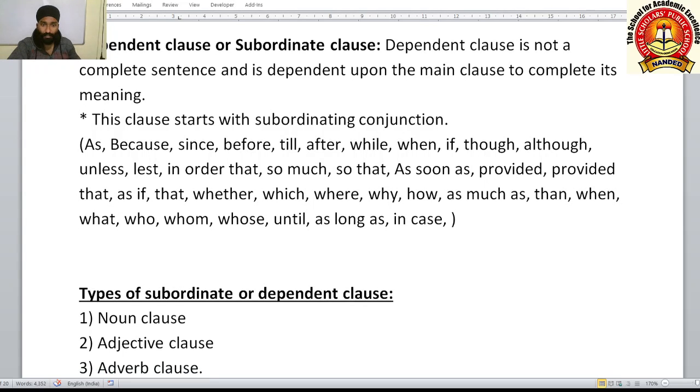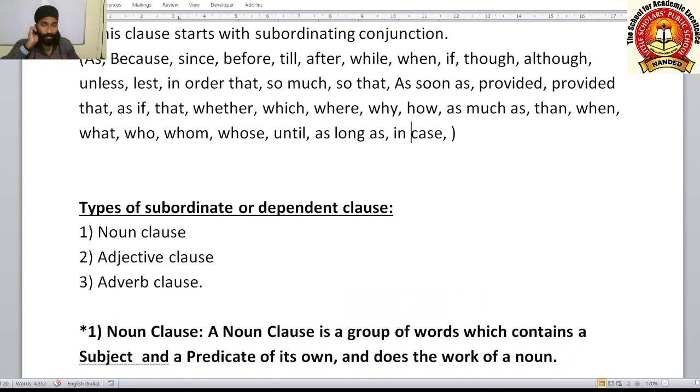These are some of the conjunctions which are used to form subordinate clauses. These are used in different types of clauses, some in noun clauses, some in adjective clauses and some in adverb clauses. So that we are going to learn in depth.